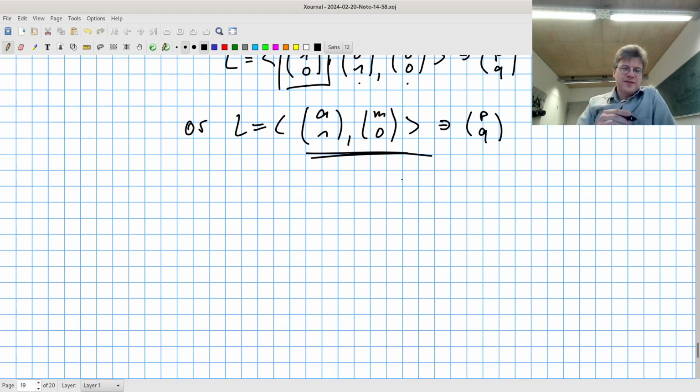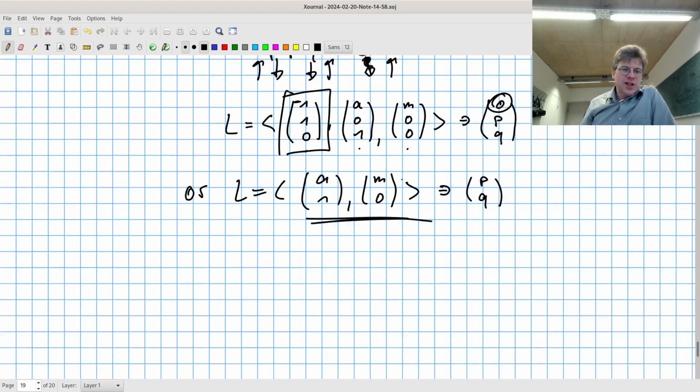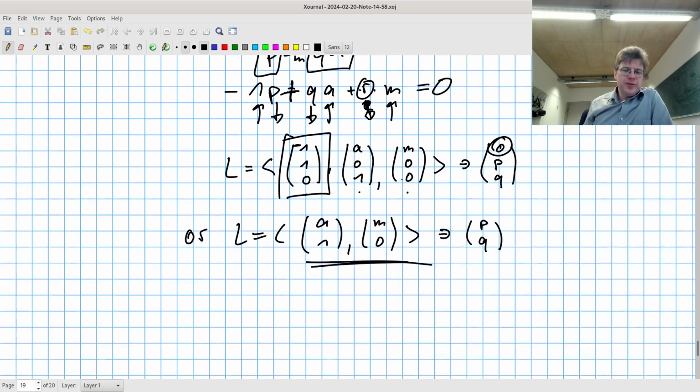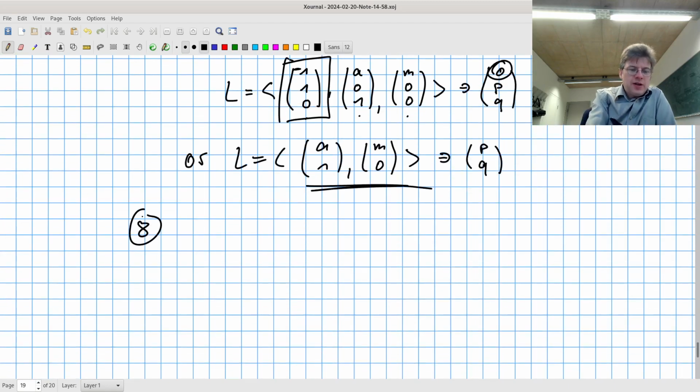If not, then I have one more. Let's generalize this a little bit further. Example 8. And let's do algebraic reconstruction.